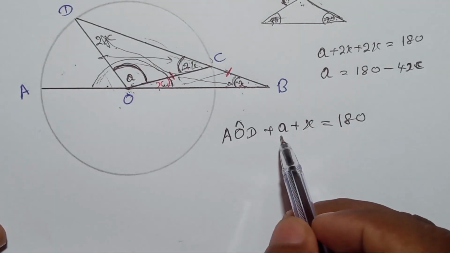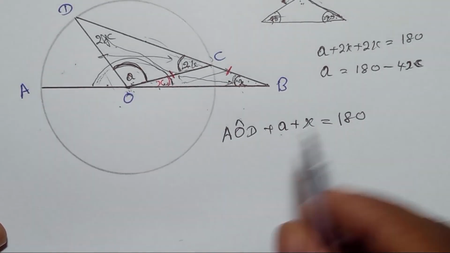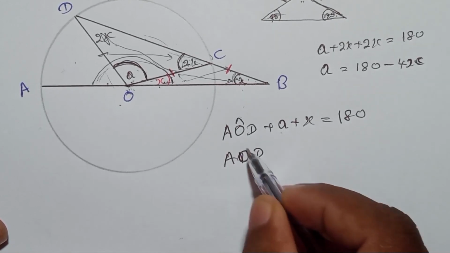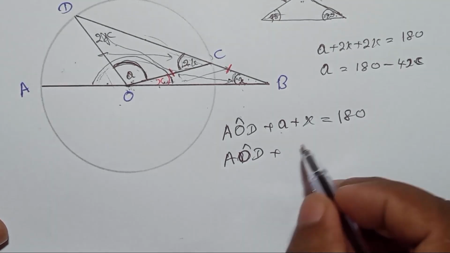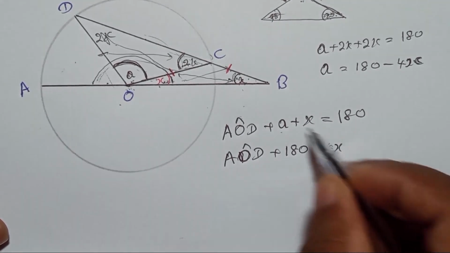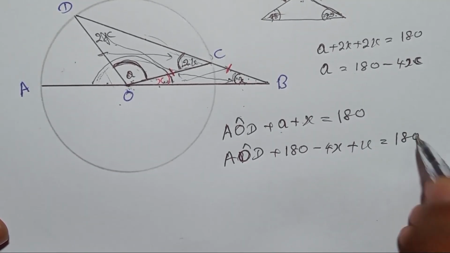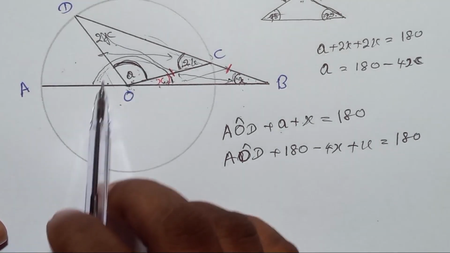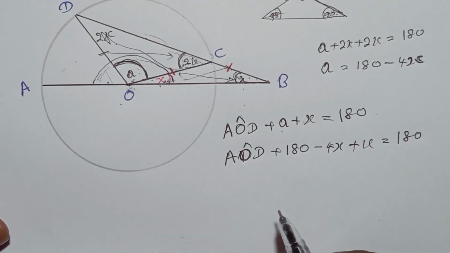Now a is what? We already know a means 180 minus 4x. So AOD, the angle we need to find, plus 180 minus 4x, and here plus x, will be equal to 180. Try to understand. Here I use this plus this plus this, angle on a straight line. If you need the reason, you can write here: angle on a straight line.